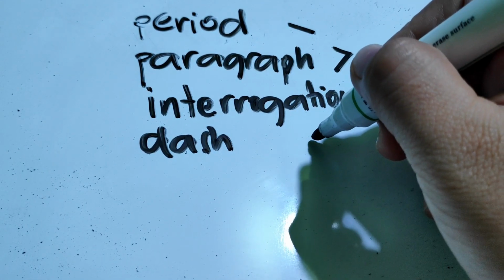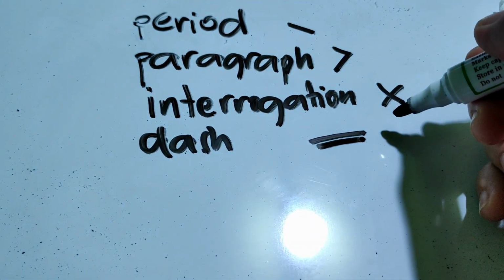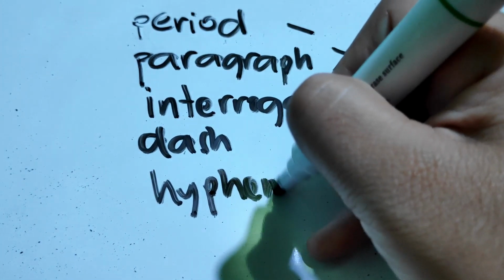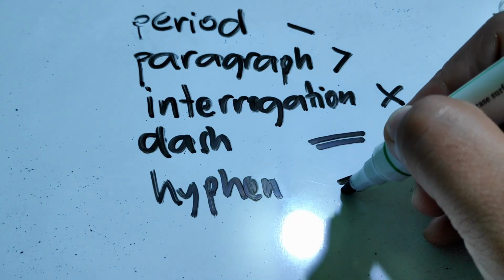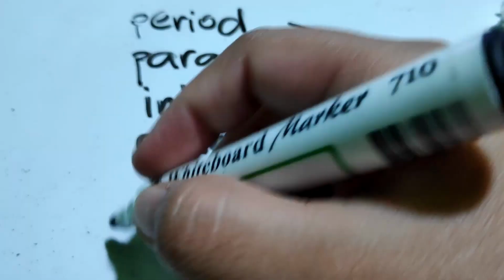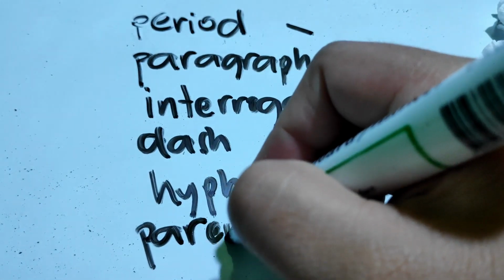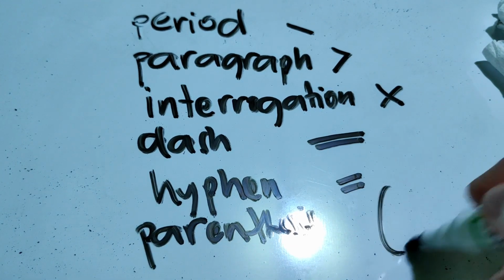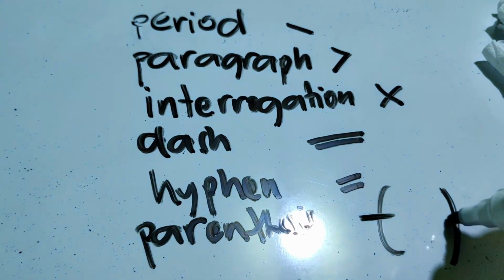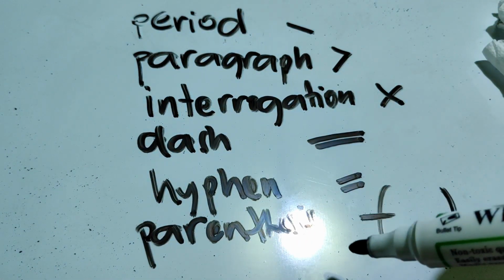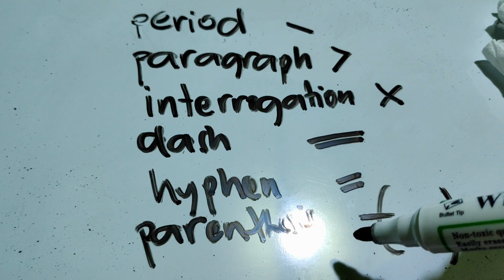Dayon ang dash is duha ka slanted nga parallel lines. And then the hyphen is duha ka parallel lines slanted and shorter than the dash. Last is the parenthesis. For the parenthesis, pareha lang siya sa normal nga parenthesis, naa lang siya linya sa isig ka kilid. So these are your punctuations in stenography.